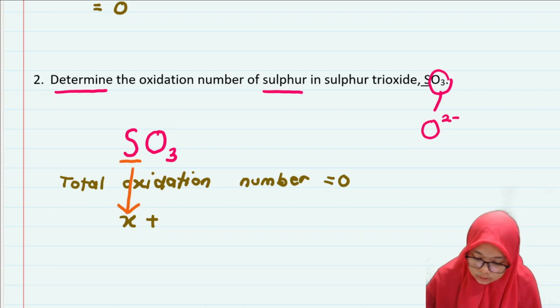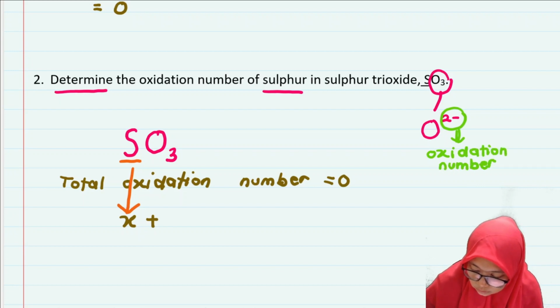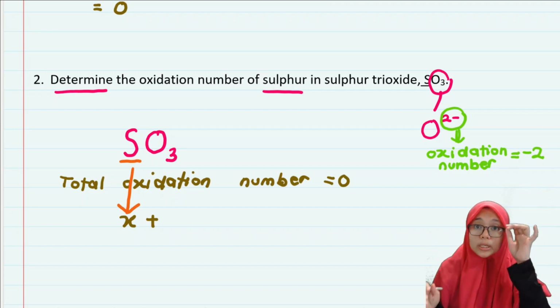Okay, so oxygen has 2 negative charge. So the oxidation number for oxygen is -2. So now we want to add this -2 inside the equation.